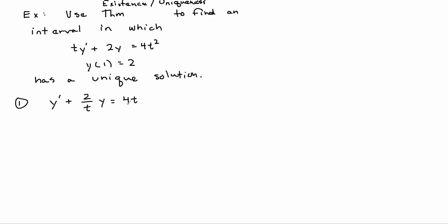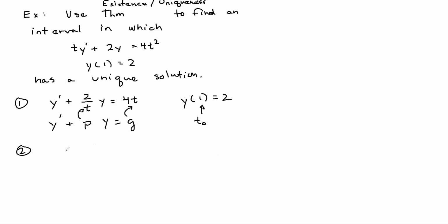That matches the format y prime plus p y equals g, and so this is p and this is g. One other thing: take y of 1 equals 2. This is t naught, just to be clear. That's the initial point that we plug into our initial condition.